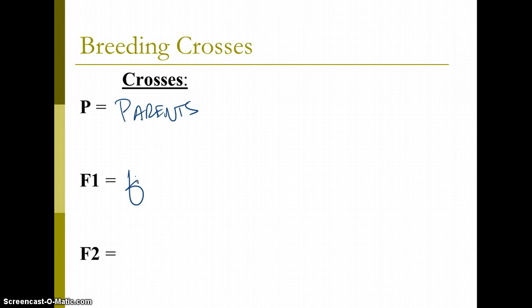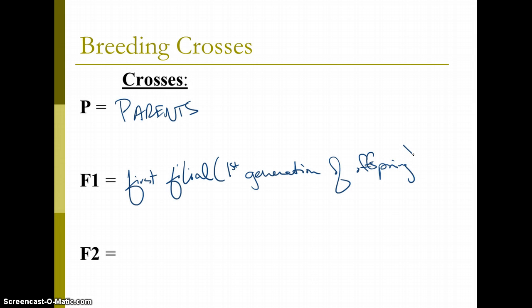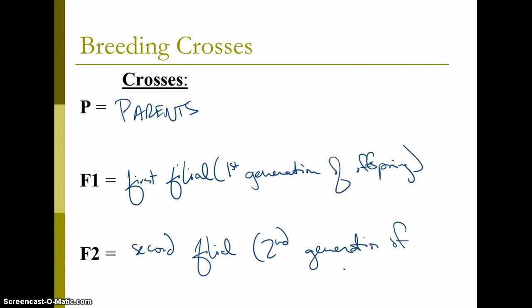F1 is first filial, or the first generation of offspring. And F2 is the second filial, or the second generation of offspring.